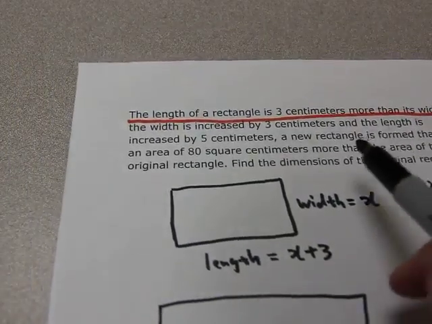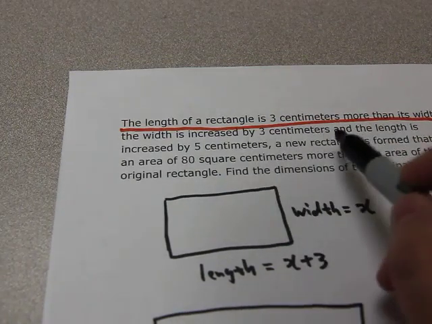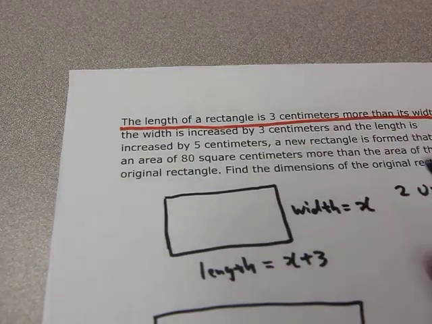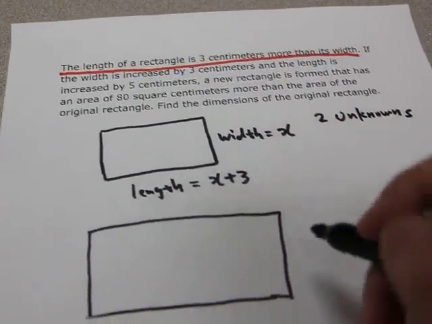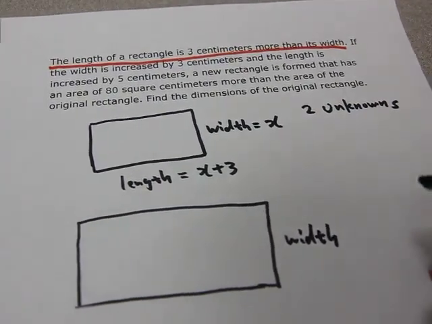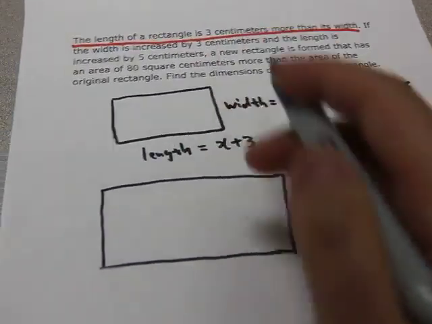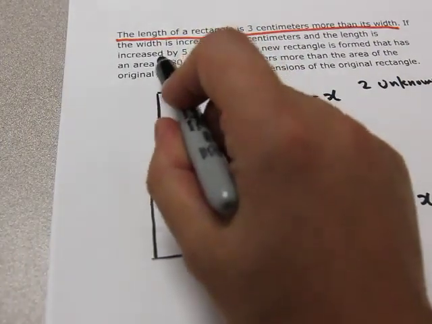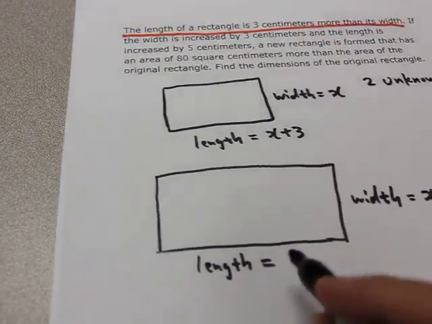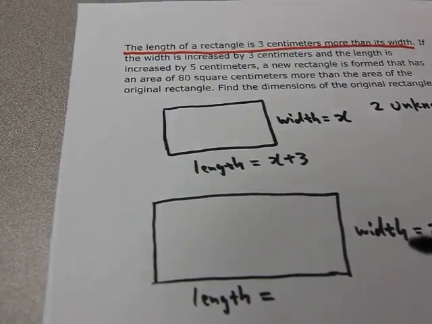Okay. Now let's look at the new rectangle. Because the width is increased by 3 centimeters, in this new rectangle the width is going to be x plus 3. And then because the length is increased by 5 centimeters, in this new rectangle x plus 3 is increased by 5.